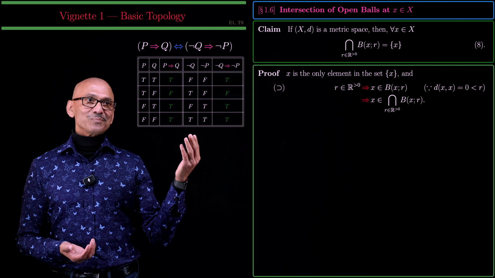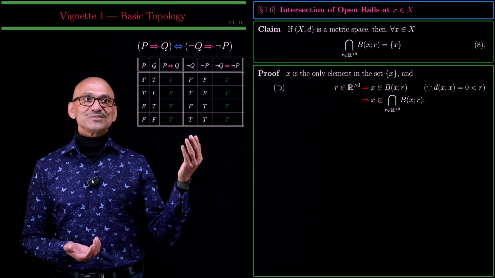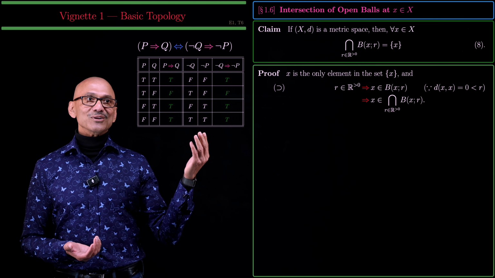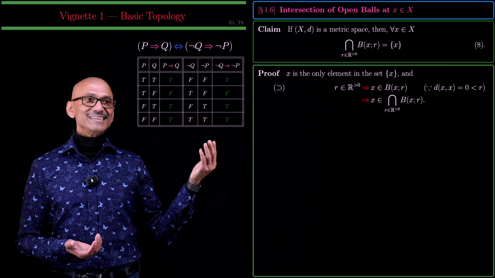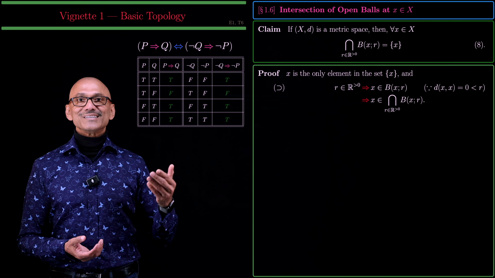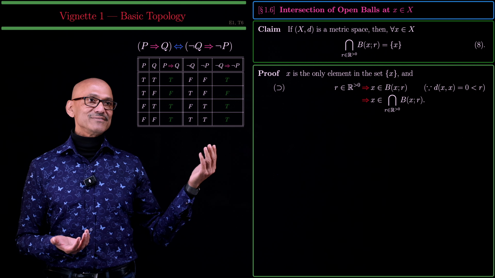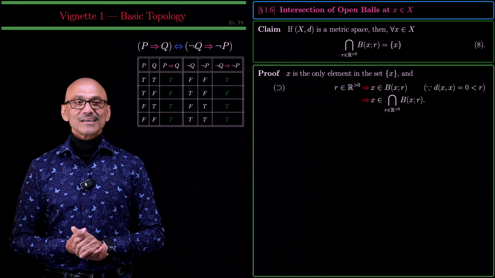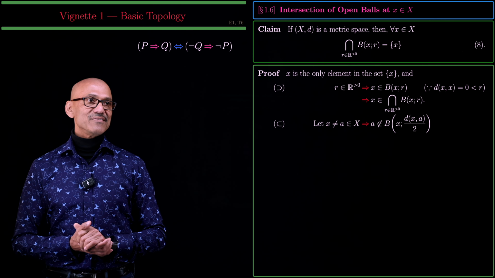The contrapositive is false only when not Q is true and not P false. And if we examine these two columns in green, they are identical, which establishes the logical equivalence of the contrapositive with the implication.